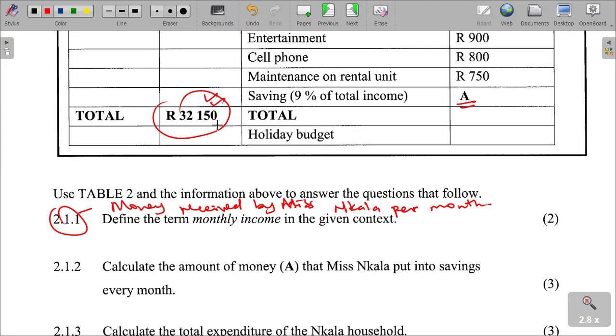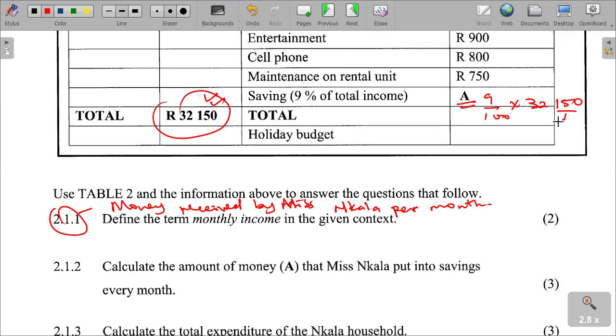So she's saving 9% of the total income, which is 9 over 100 times 32,150.